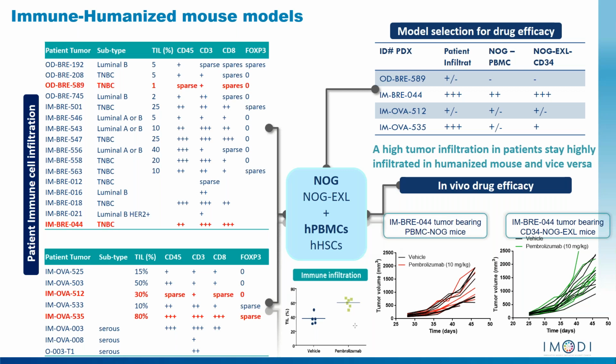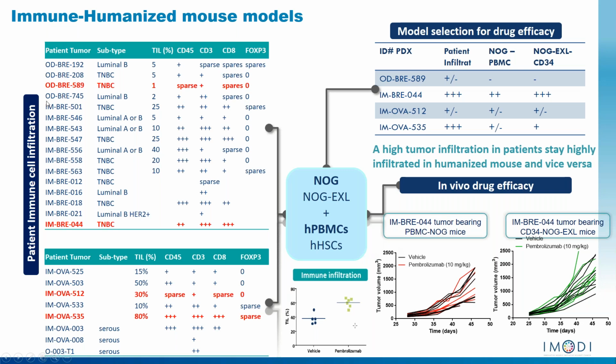In this case, we have developed lots of immune-humanized mouse models, and we have plenty of models. But here, just to show you the interest of these models when we combine immune-humanized mouse models with PDX models.